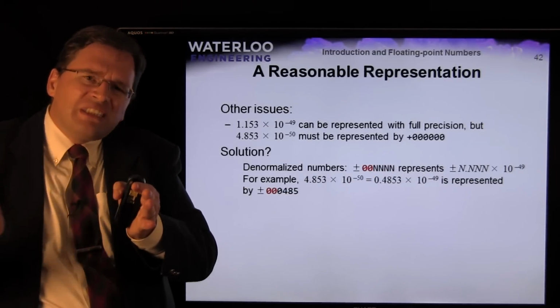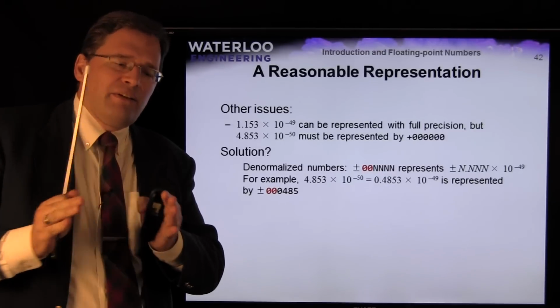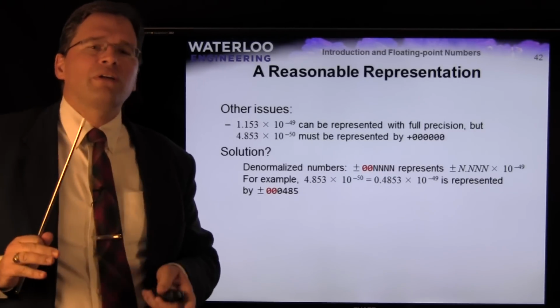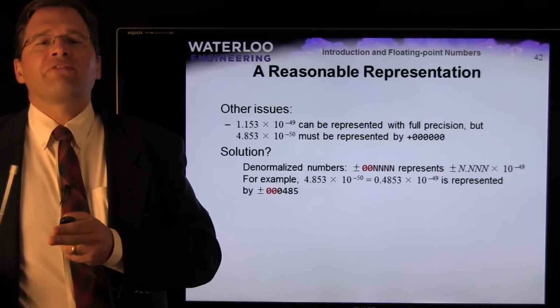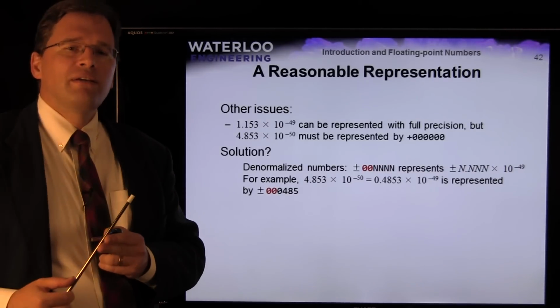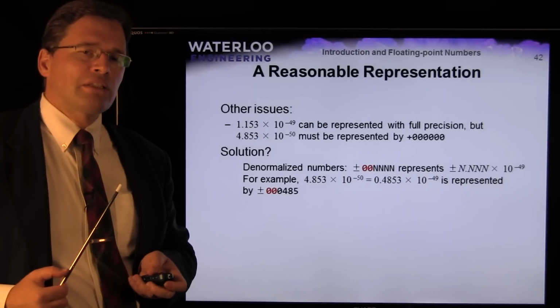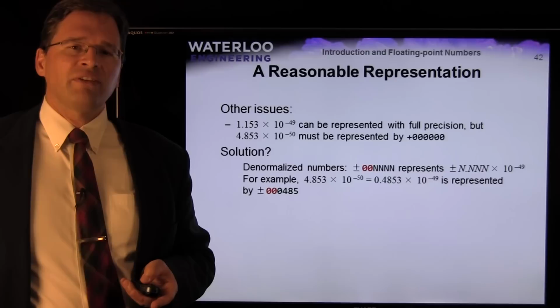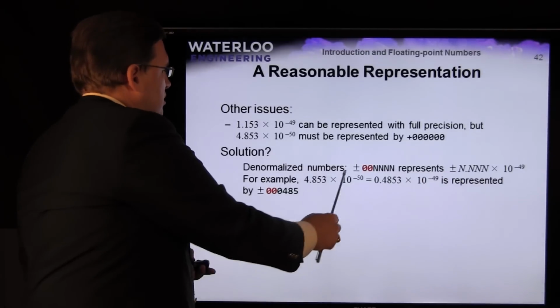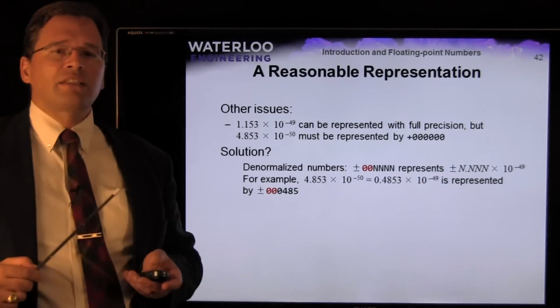This means we can approximate numbers slightly smaller than the smallest number that we can represent with the standard representation. The problem is we get larger and larger relative errors as this coefficient gets smaller.